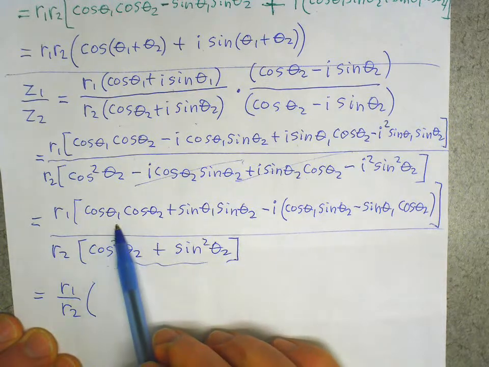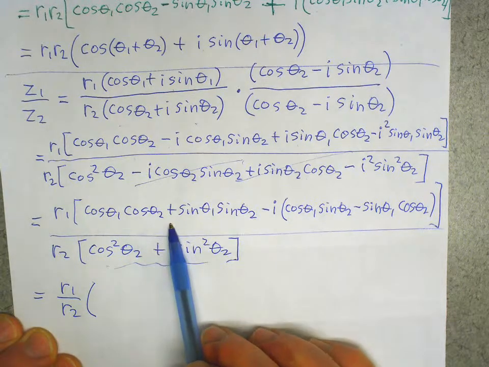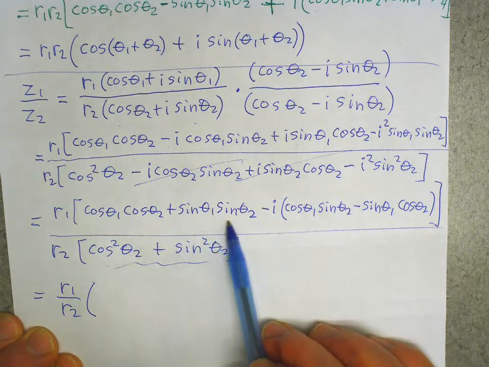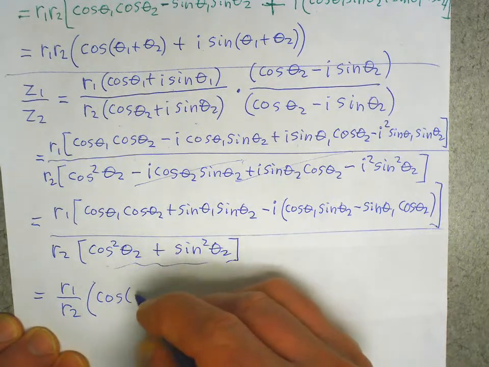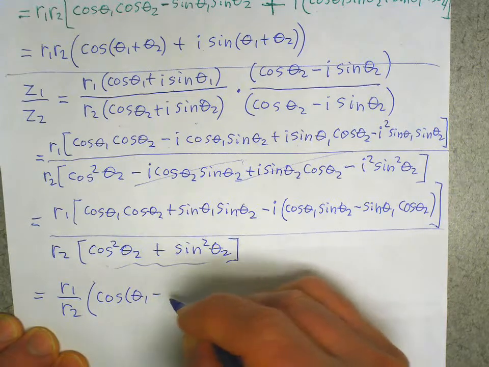And cosine of theta 1 times cosine theta 2 plus sine theta 1 times sine theta 2. This is cosine of theta 1 minus theta 2.